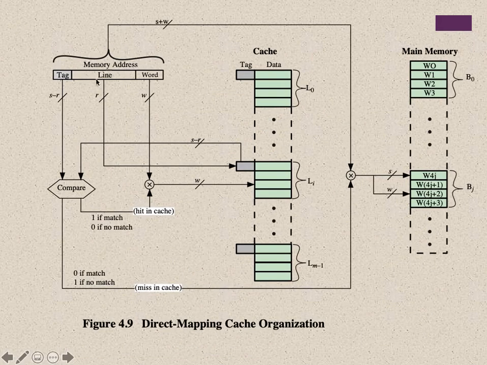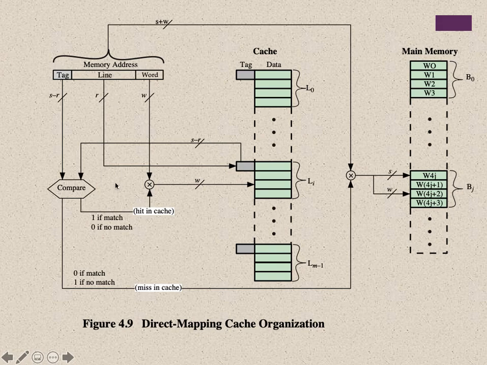Yes. So let's assume we get a memory address. If we want to know the word, we get these W least significant bits. First we take the tag line, we get the tag number.